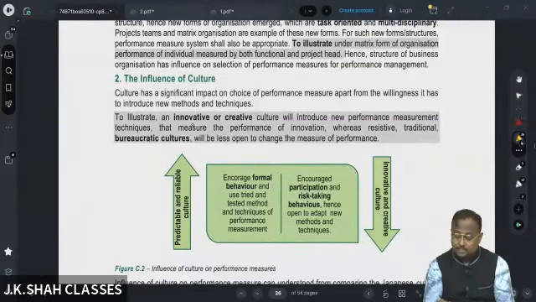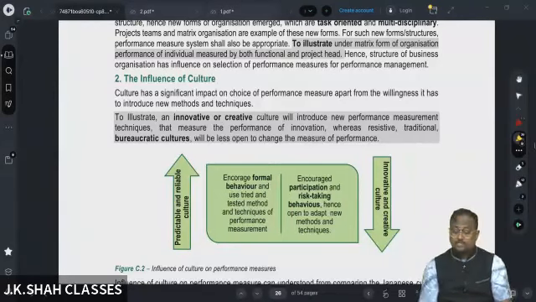Like, see, an innovative and creative culture will introduce new performance measurement techniques that measure the performance of innovation, whereas resistive, traditional, bureaucratic culture will be less open to change the measurement of performance.